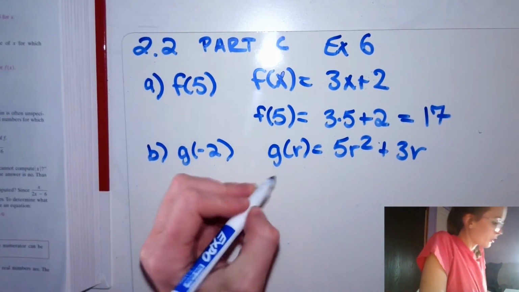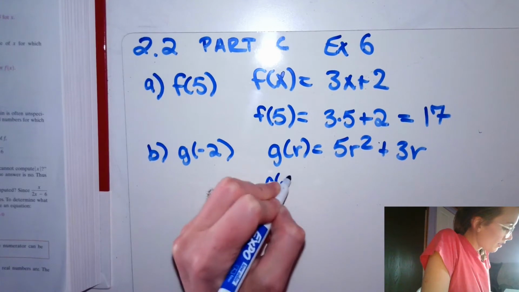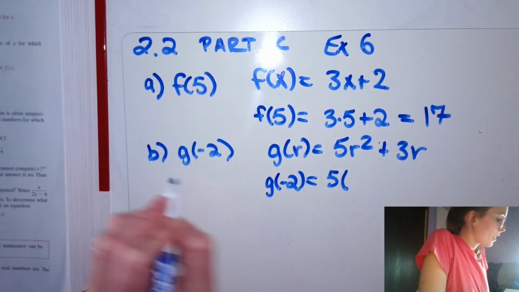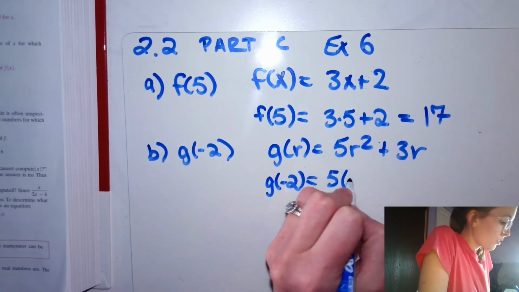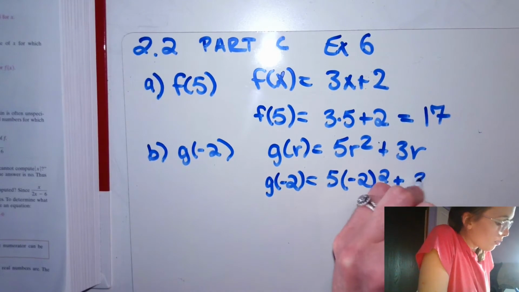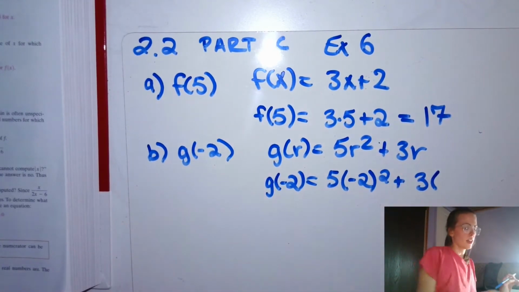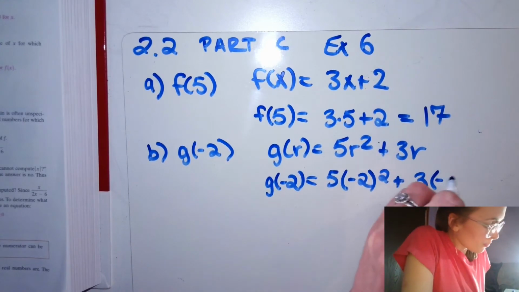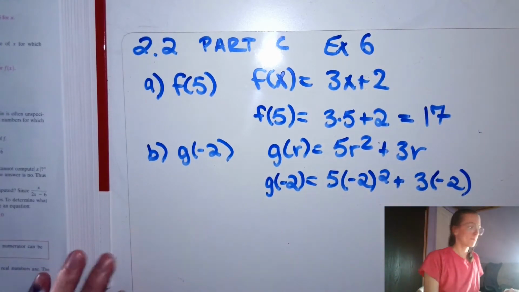We'll say g of negative 2 equals 5 times, and then instead of r, we'll say negative 2, squared, plus 3 times, and then instead of r, we'll put the input in here, negative 2. Okay.